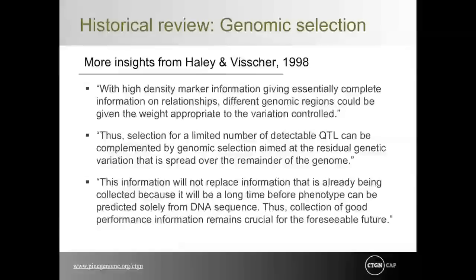Instead, genomic selection attempts to build a statistical model that has power to predict phenotypes from genotypes, then uses that model to make selections among individuals for which genotypes, but no phenotypes, are available.